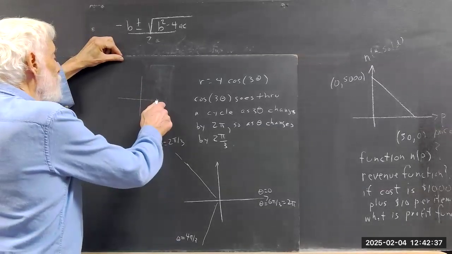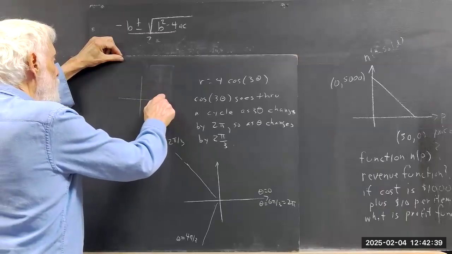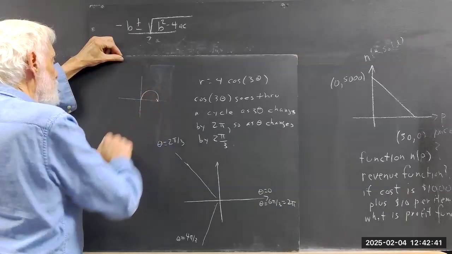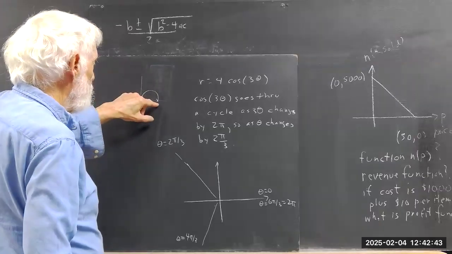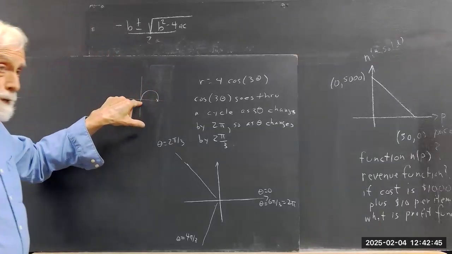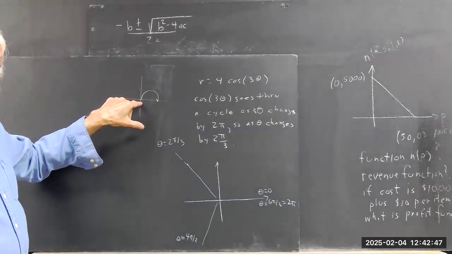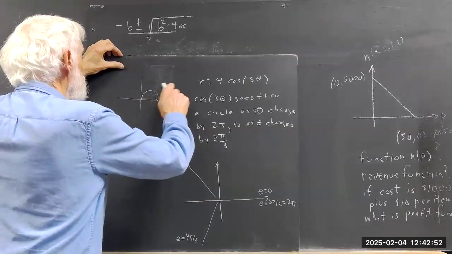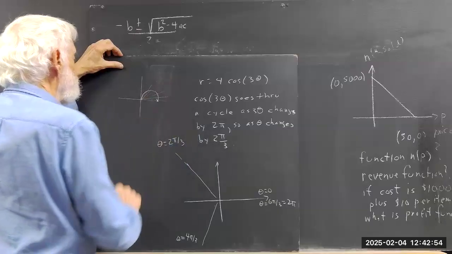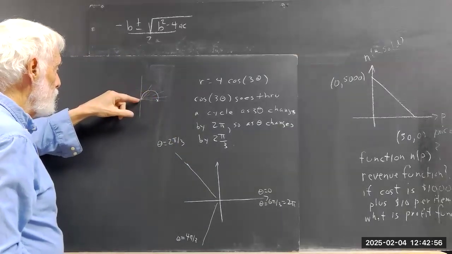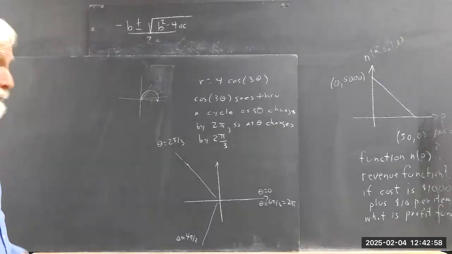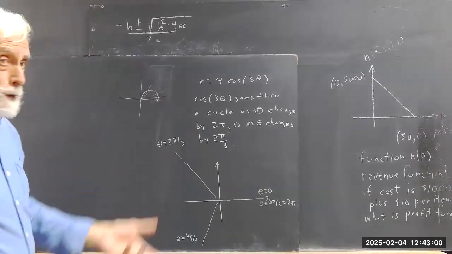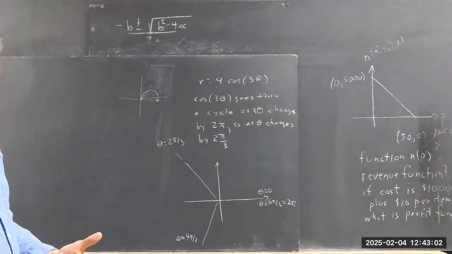Well, as theta goes from 0 to pi over 2, we did this in class last time, we get this. We go from r equals 1 to 0, right? And you could draw some radial lines and see that r keeps decreasing and approaching 0. And we said that that's a circle, and it's easy to see that that's a circle.